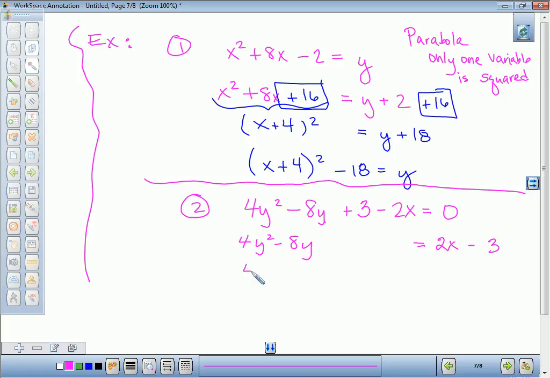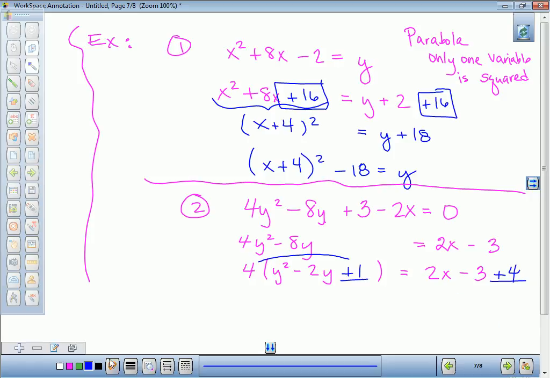This one has a coefficient, so when we complete the square, we have to factor that out, just like we did with a hyperbola. Okay, to this side, what do I add? 1, but because the 4 out in front, to keep it balanced, to this side I have to add 4.